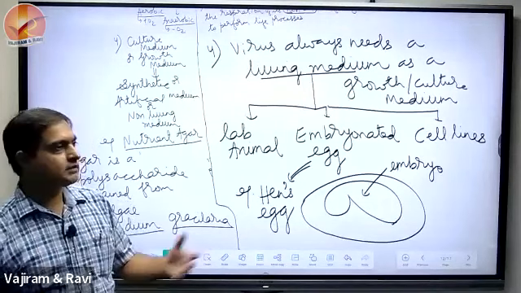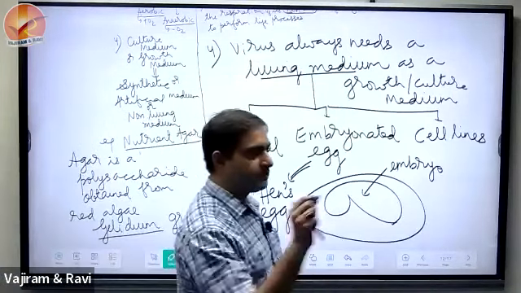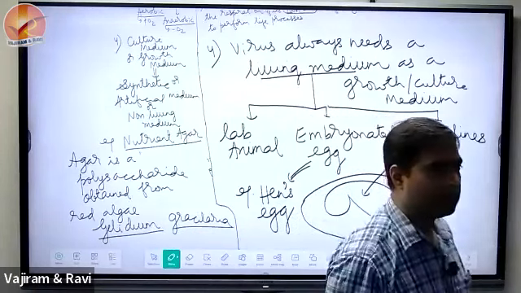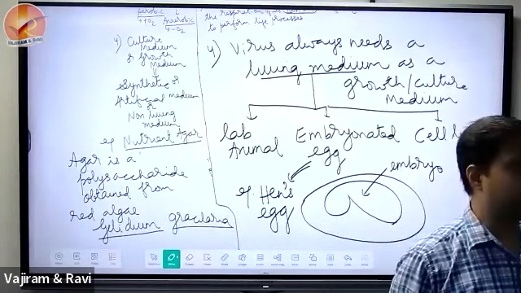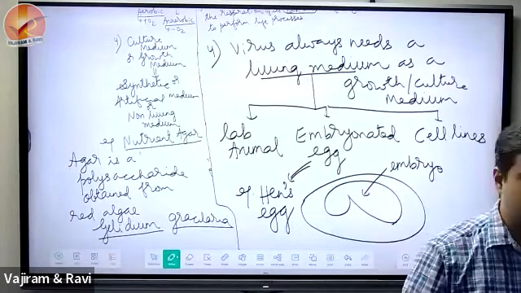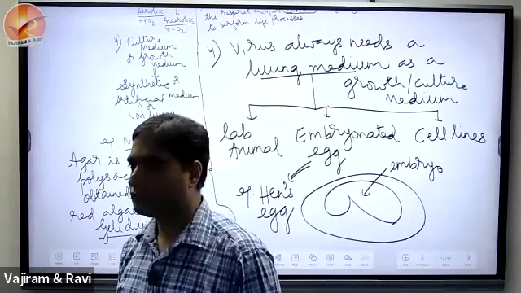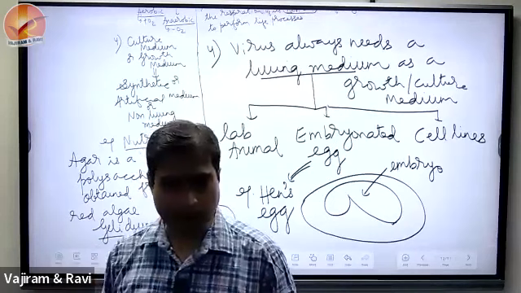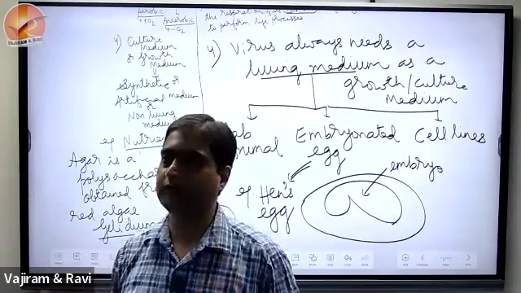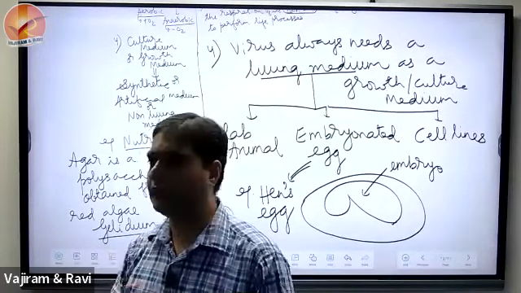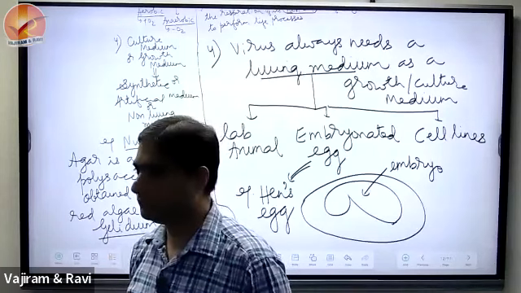For example, when you are studying the vaccine virus, you are injecting it first in the lab animal, preclinical trial in vaccine development, and then go for what? Human trial, human clinical trial. So to study a virus, you always need what? A living host cell. It cannot be a non-living medium.